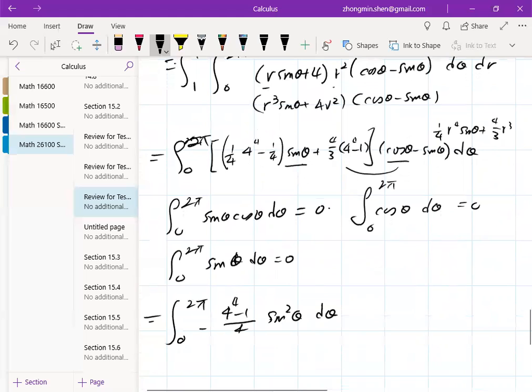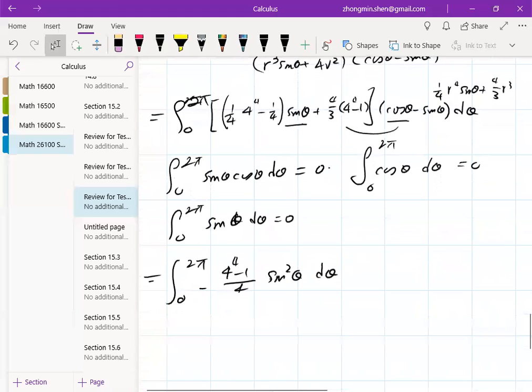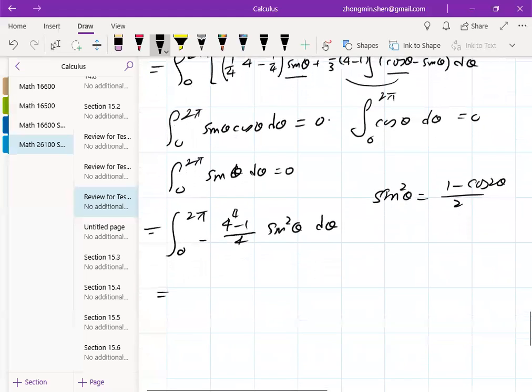And sine square theta, you know, is going to be one half of 1 minus cosine 2 theta. So the integral of cosine 2 theta is going to be 0. So my answer will be 1/2 here, and the 2 pi cancelled, and this will be the answer. I'm 99% sure this is the correct answer.